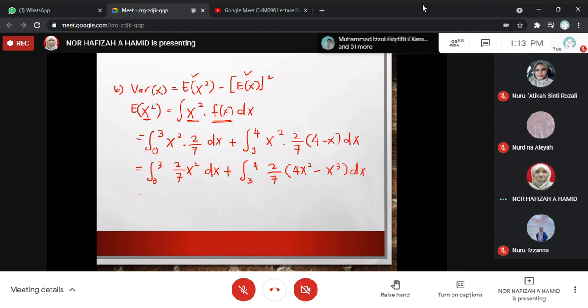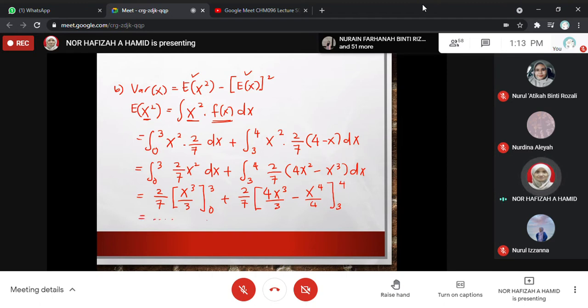Then you integrate: you have 2 over 7, integrate x square, x cube over 3, and 0 until 3, plus with 2 over 7, integrate 4x cube over 3 minus with x4 over 4 and limit 3 until 4. Then you can proceed, substitute the limits, and the final answer for EX square is 25 over 6. So this is for EX square.